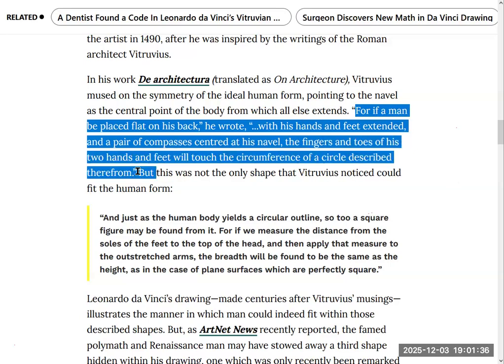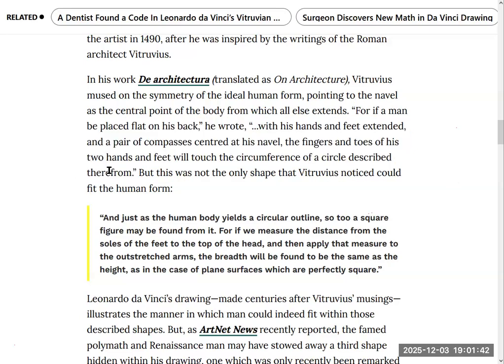That's why "for" is on top of the sentence. I feel like "for" is not really needed here. Like, "if a man be placed flat on his back, blah blah." That already sounds good to me.